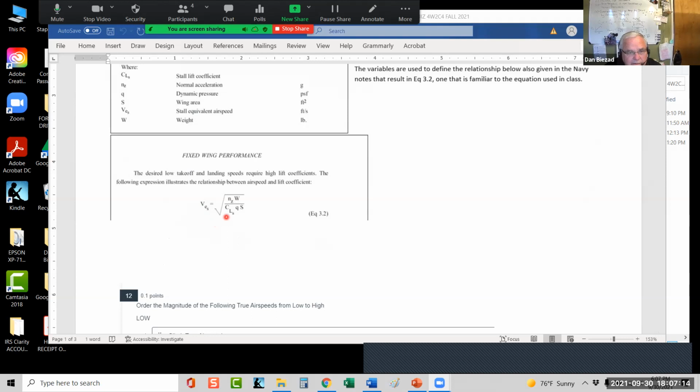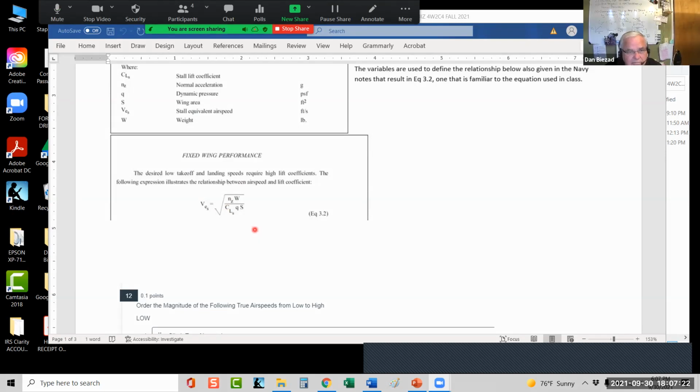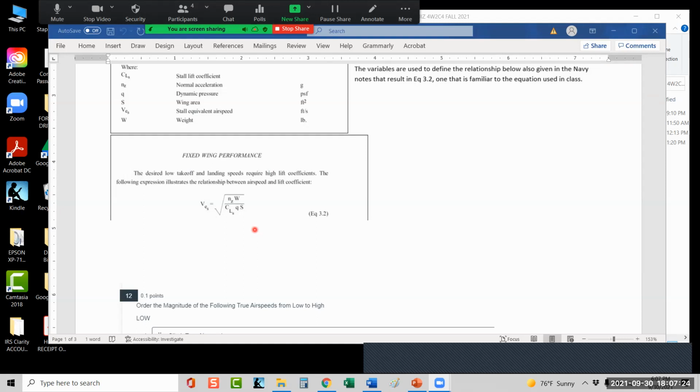Yeah. And if you square the right-hand side, the radical sign goes away. Yeah, that's correct. That's good. And then when you divide by velocity squared, why would you do that? That's the part I'm not getting.